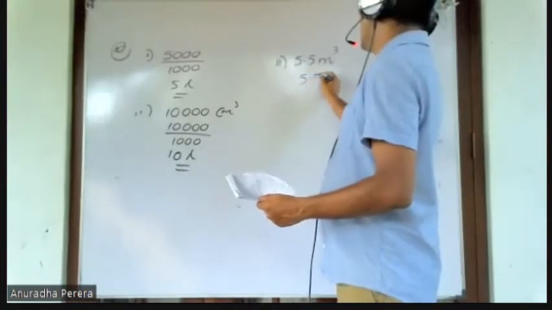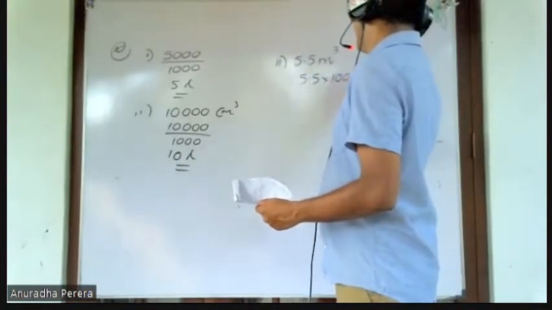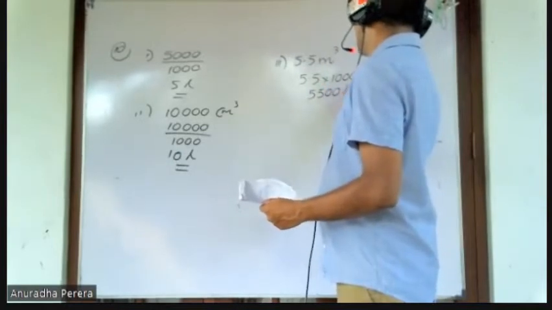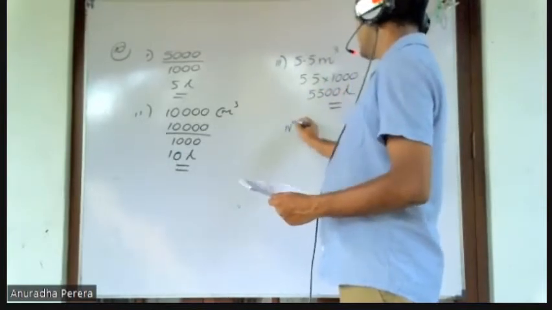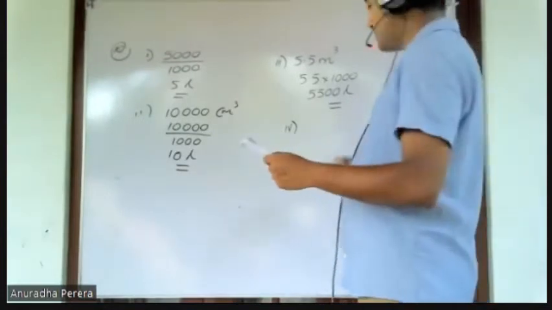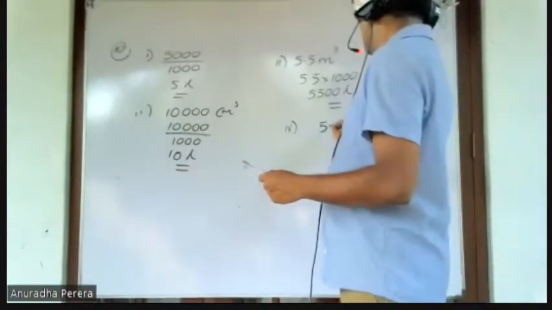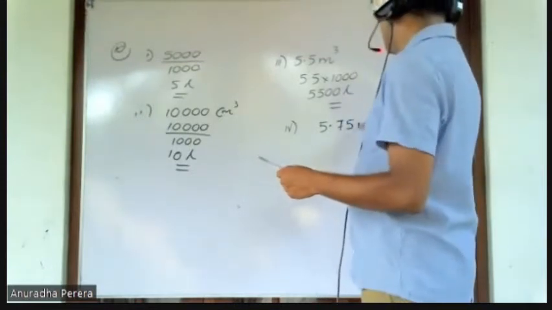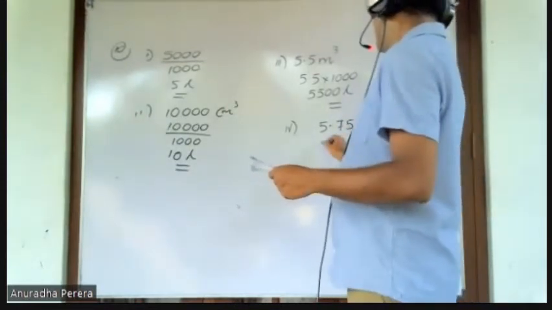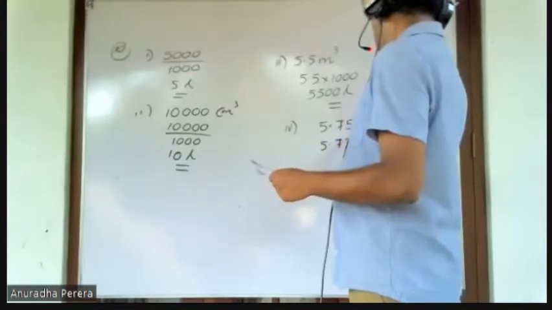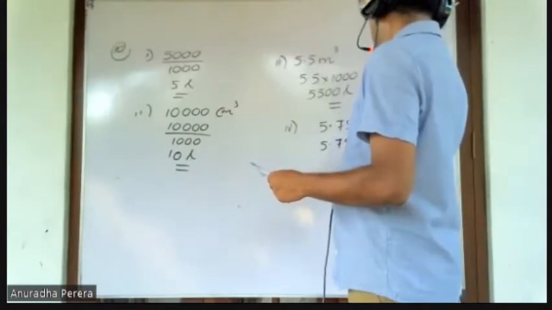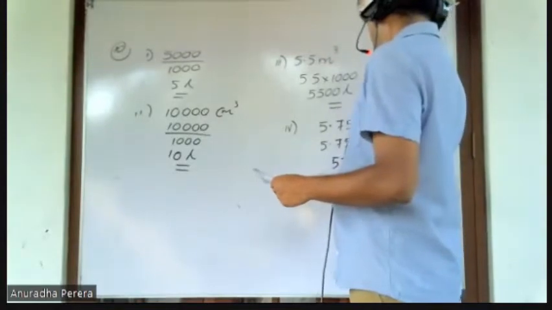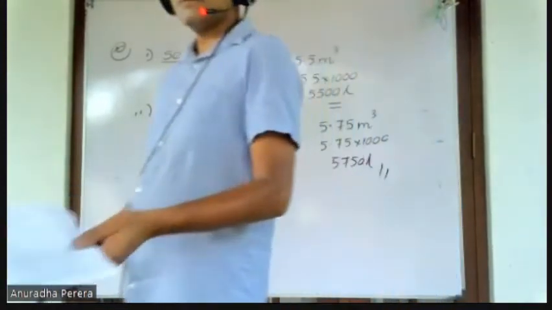To convert into liters, multiply by 1,000: 5,500 liters. Fourth question, 5.75 cubic meters. 5,750 liters. Yes, the answer is 5,750.